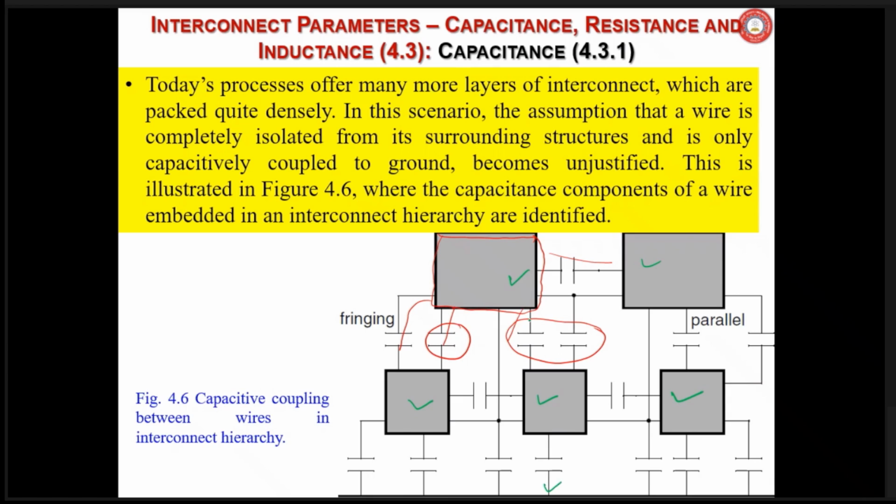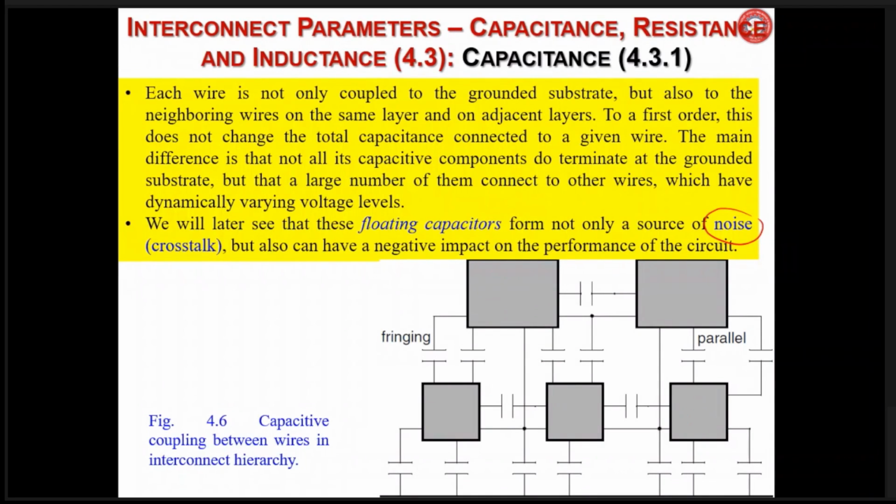Some of them are parallel plate capacitances, some are fringe capacitances. So capacitive coupling will be there. The effect of one will fall on the other one. Some capacitors are floating, some capacitors are grounded, and these capacitances affect the signal level.